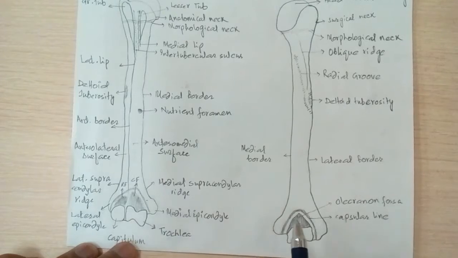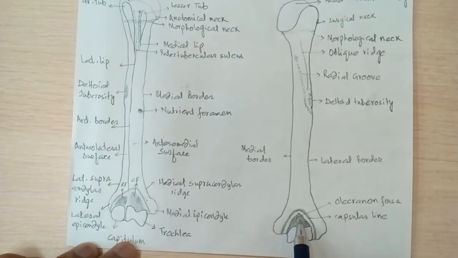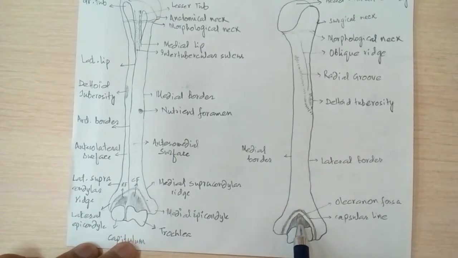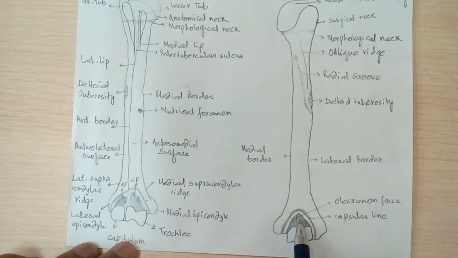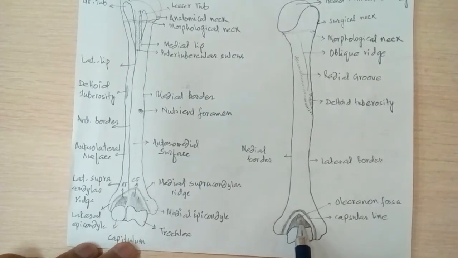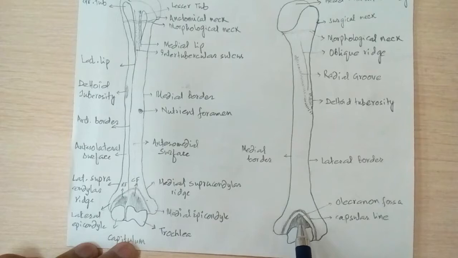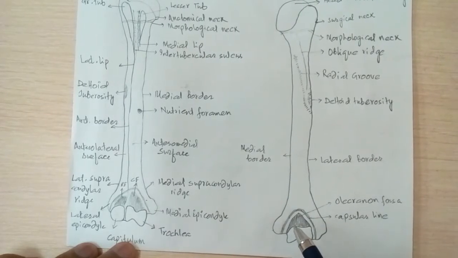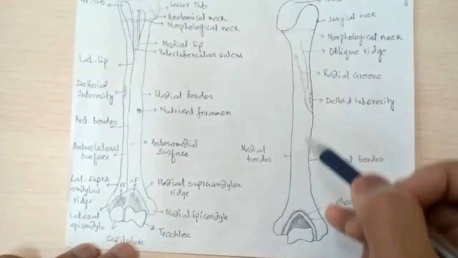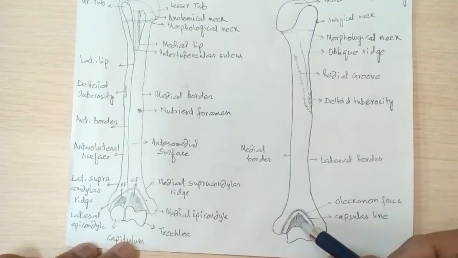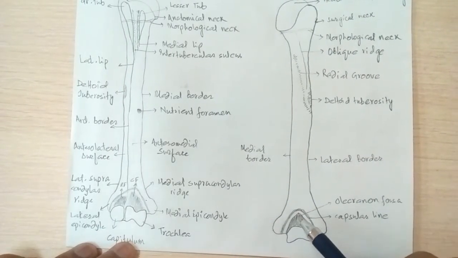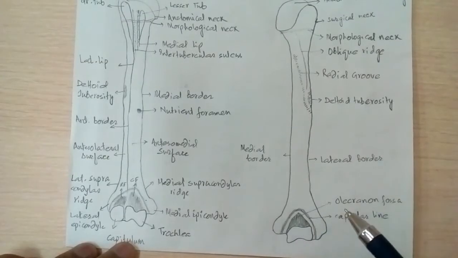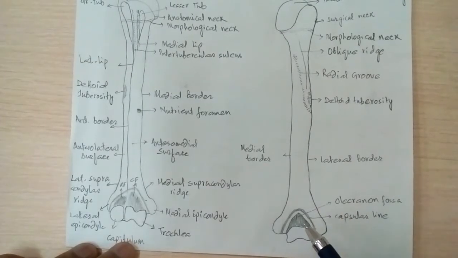And the olecranon fossa on the posterior aspect of the humerus accommodates the olecranon process of ulna when the elbow is extended. So basically the posterior part is important for extension when we talk about the joints of the bones of the upper limb.